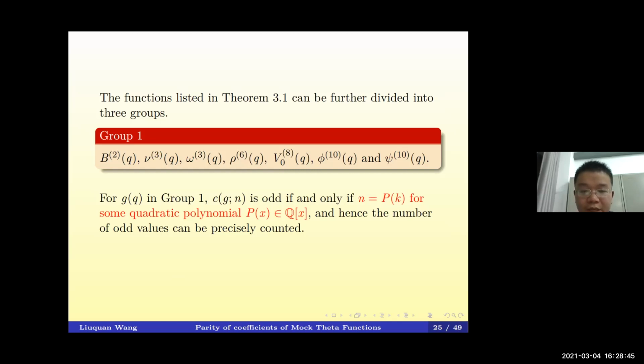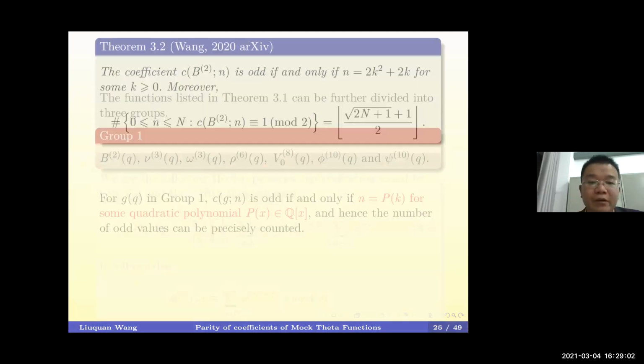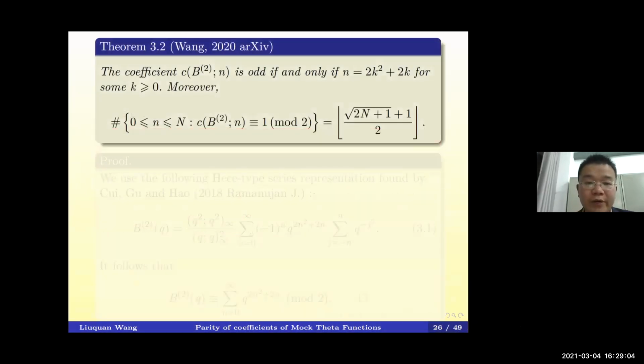That is, c_g(n) is odd if and only if n equals p(k) for some quadratic polynomial p(k). And hence the number of odd values can be precisely counted. Let me give one example. For the second order mock theta function B(q), its nth coefficient is odd if and only if n equals 2k squared plus 2k. And so we can give a precise count of such odd values.